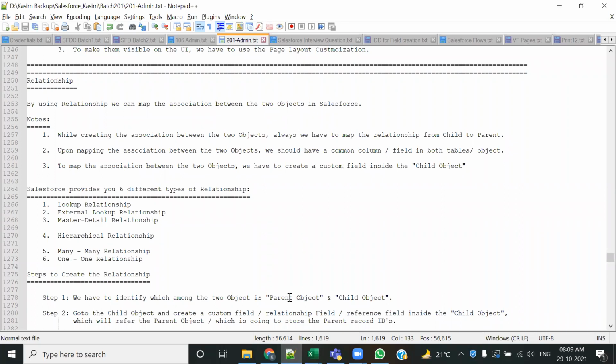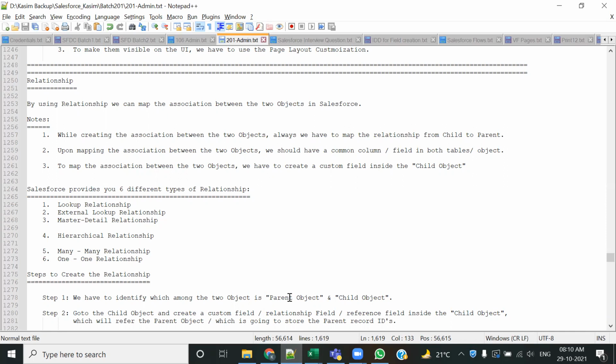That means whenever we want to create an association, whenever we want to join two objects, in case of a database, probably if some of you have learned Oracle or SQL, we know that every object is a table. Inside Database.com, it is a table. So whenever we require to combine two tables, this is called joining of the tables. In terms of database, this is called joining. But in terms of object relationship mapping, ORM, this is called relationship.